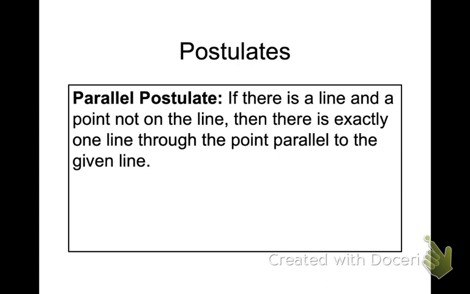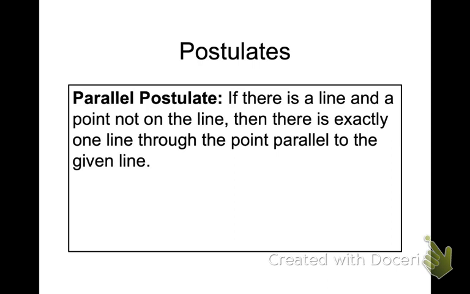So the parallel postulate says, if there is a line and a point not on the line, then there is exactly one line through the point parallel to the given line.